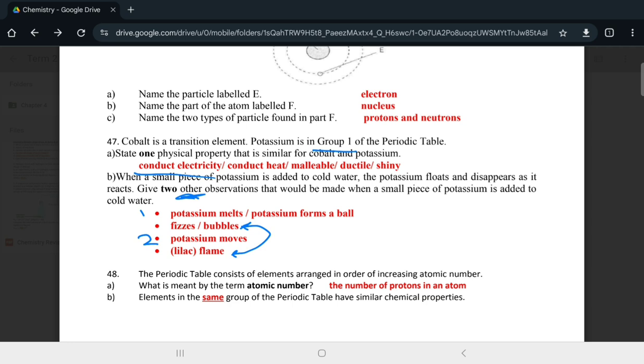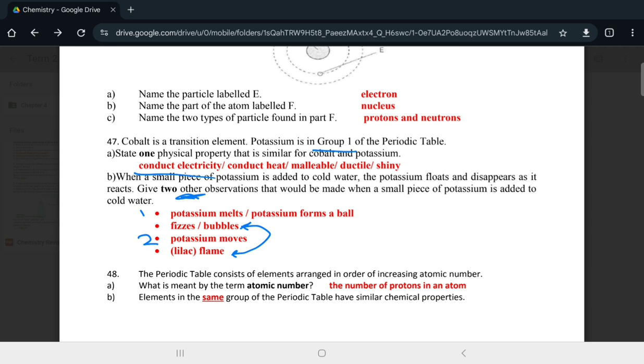When you add an alkali metal, like potassium or lithium or sodium, to water, they react vigorously. In water or air, they react so violently, so vigorously, okay? In the water, they even react way stronger, way faster. So what will this cause?